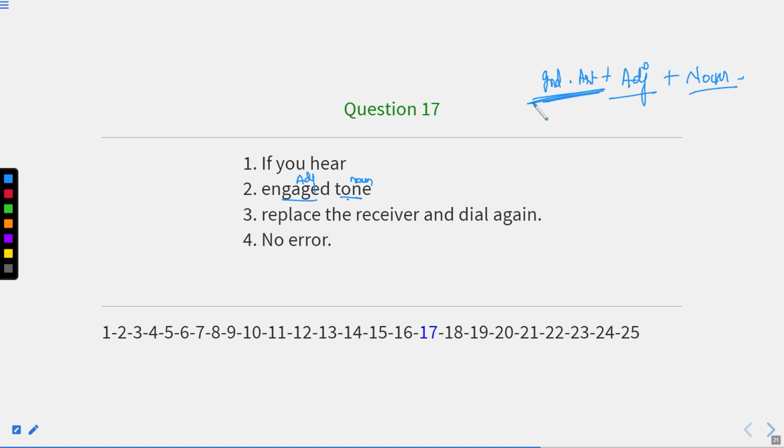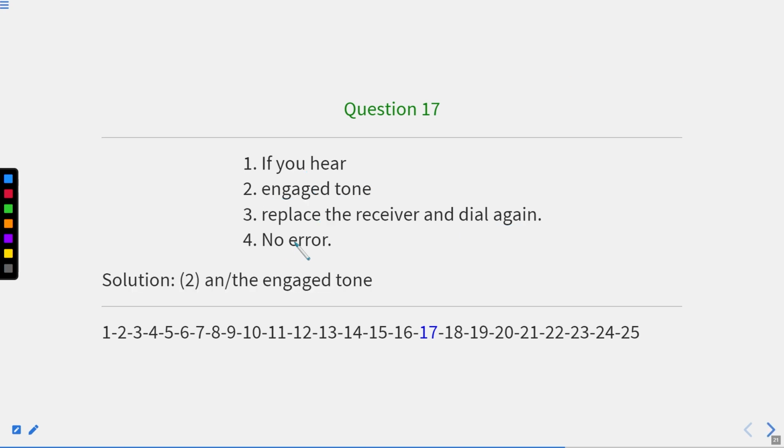So we need to put an indefinite article over here. Because engaged begins with a vowel sound, we need to put an n before it. So if you hear an engaged tone, replace the receiver and dial again. So here the error will be in part 2, that is the engaged tone. It means we are talking about a particular engaged tone.